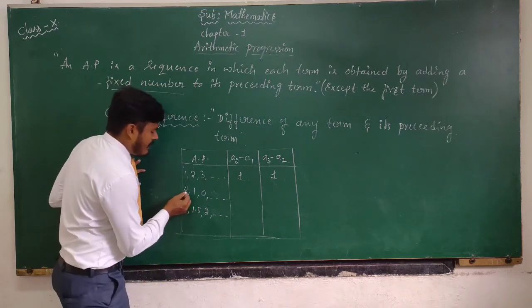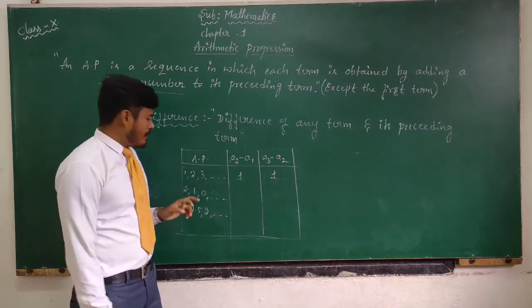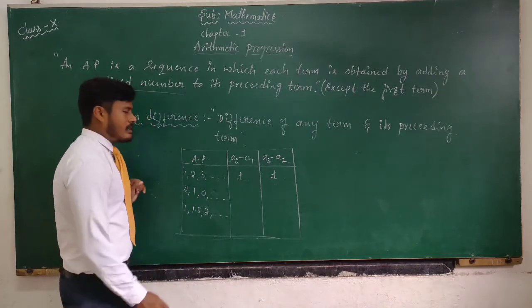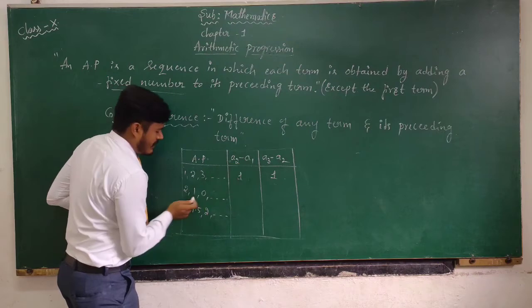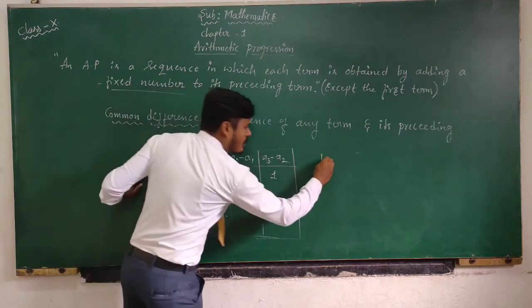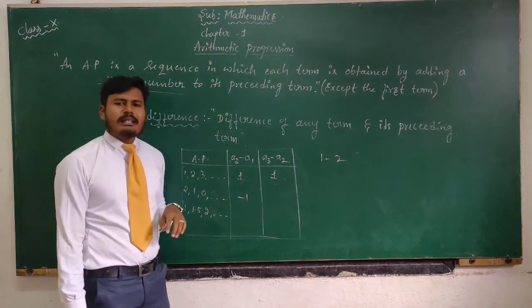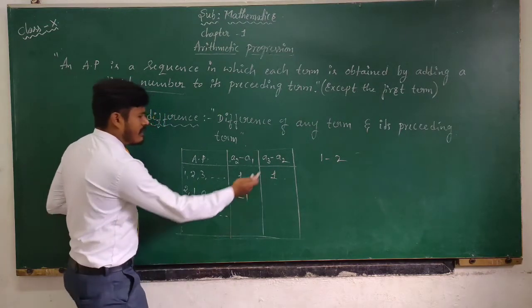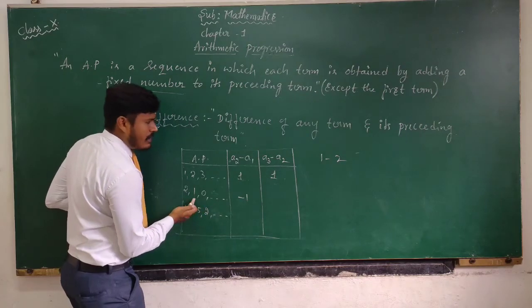Next, coming to the second one, 2, 1, 0. Find its common difference. a2 minus a1: the second term is 1 and the first term is 2. So 1 minus 2 means minus 1. Then a3 minus a2: a3 is 0 and a2 is 1.